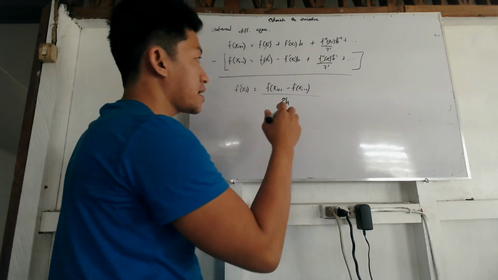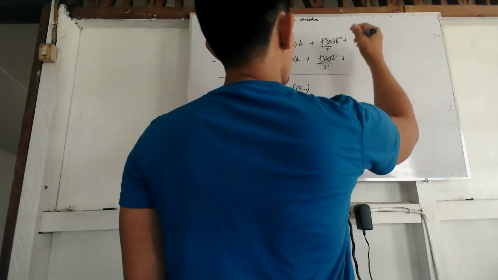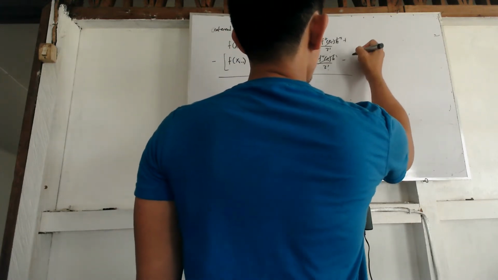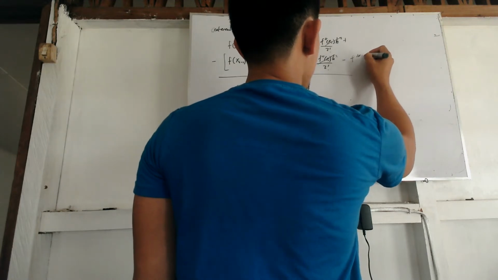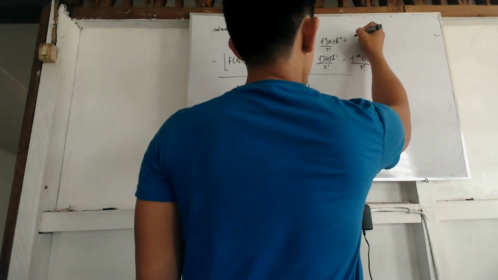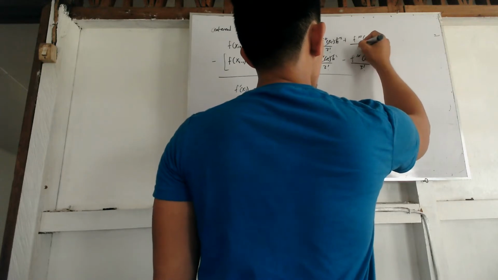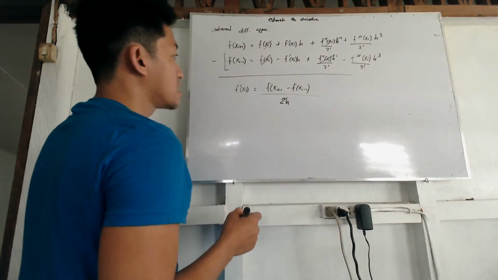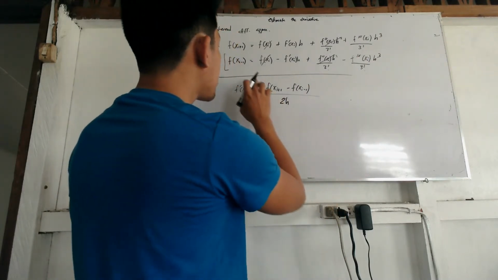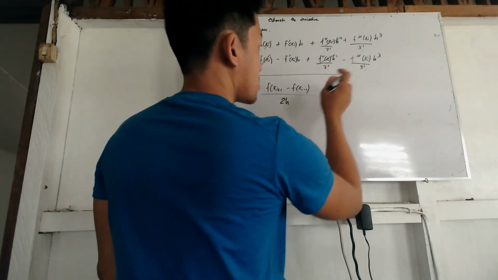Okay, so to determine the error, again, this becomes f triple prime. This one is a third order divided by h.